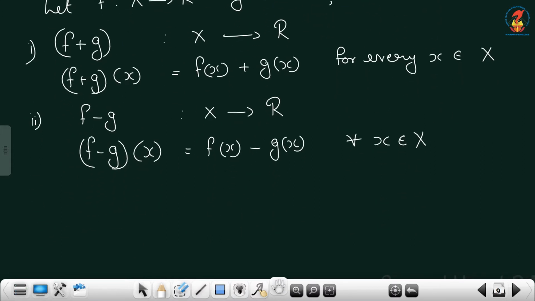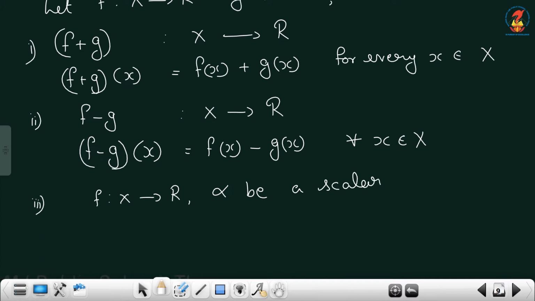Now the third one, multiplication by a scalar. So f is a function from X to R, and let alpha be a scalar. Scalar means it's a real number, that's all.